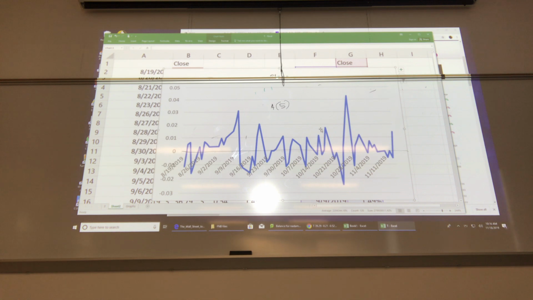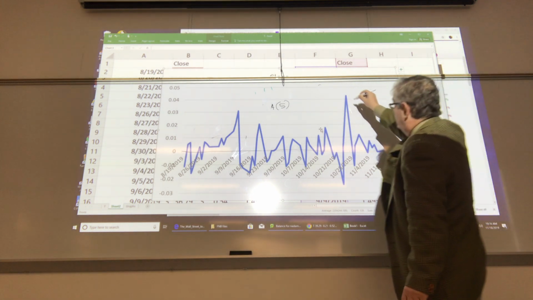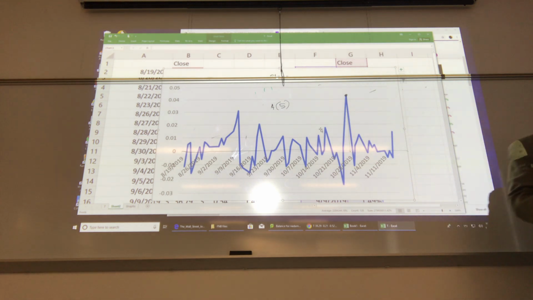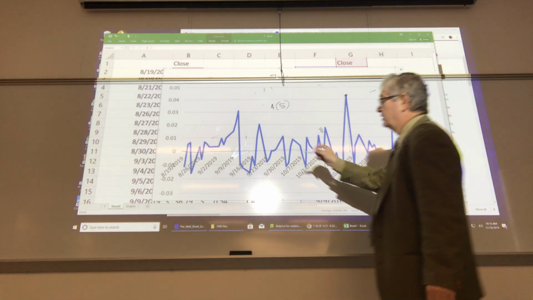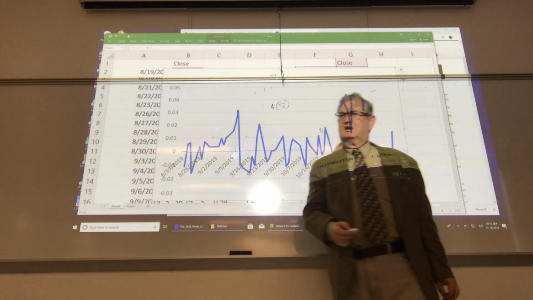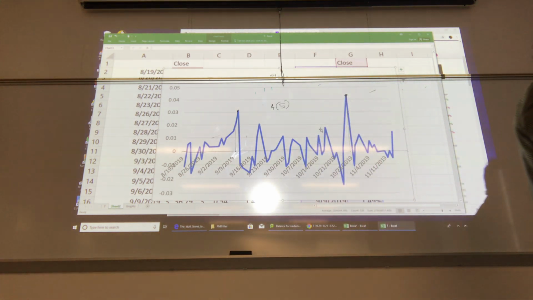What do I want to see? I want to see when the price moved up the highest point. The price moved up the highest point the 28th of October. The other day that the price moved up the highest point is the 9th of September.